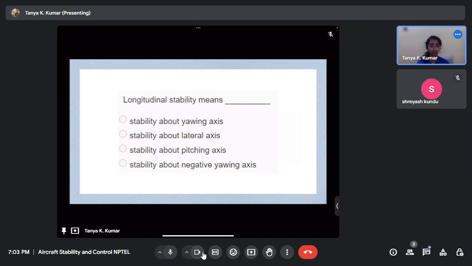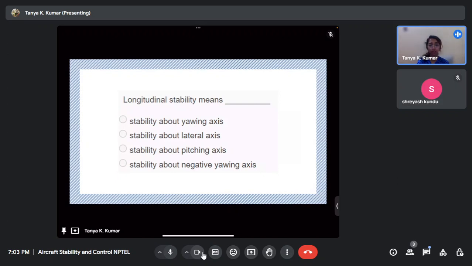Which is it? Longitudinal stability is what we've been discussing all this while, right?